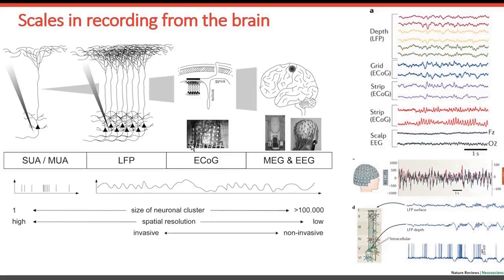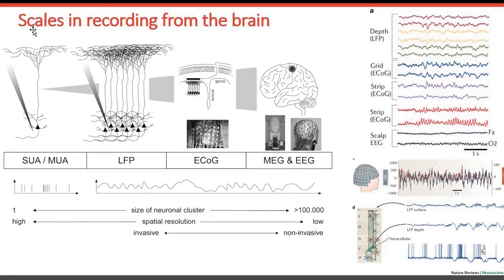So we're not doing single cell recording. In this case, EEG finally records from the surface of the head, and it's not invasive at all. MEG as well. So you can see in this figure, from single cell, a single neuron, up to the size of neuronal clusters, brain cells, up to 100,000 neurons.